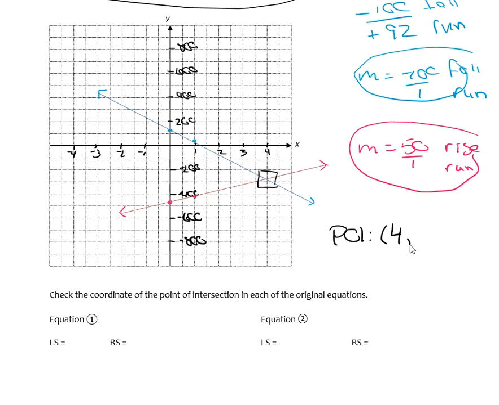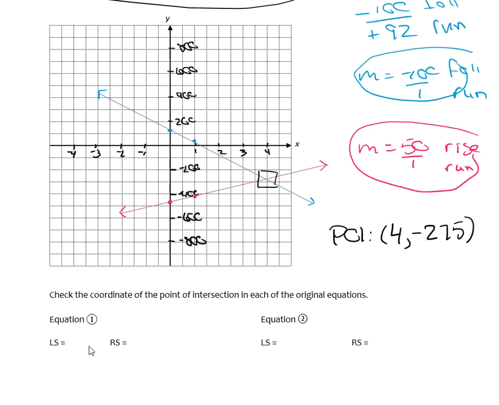And the y value here is, so it's not 300, it's negative 275. Put there. Now let's check this. Check the coordinate of the point of intersection in each of the original equations.